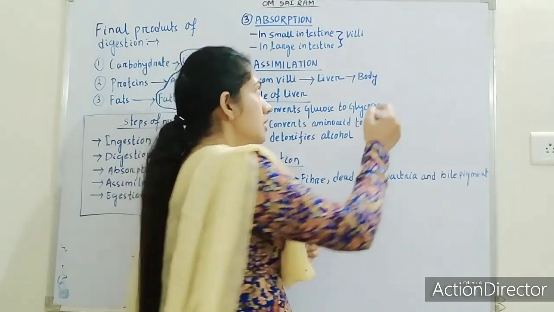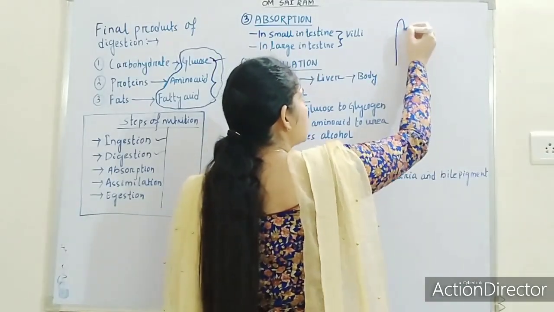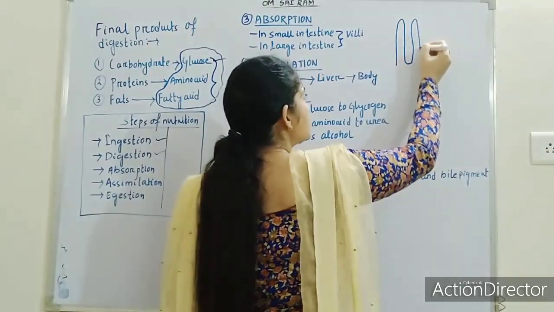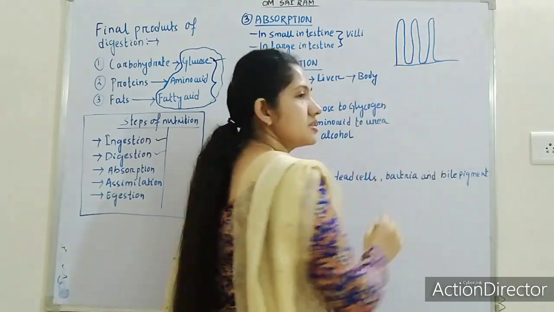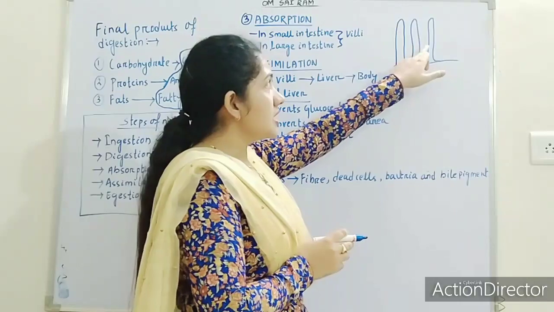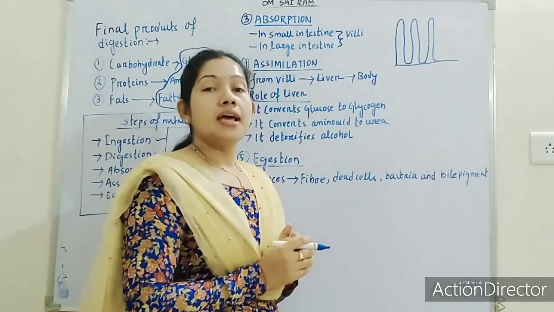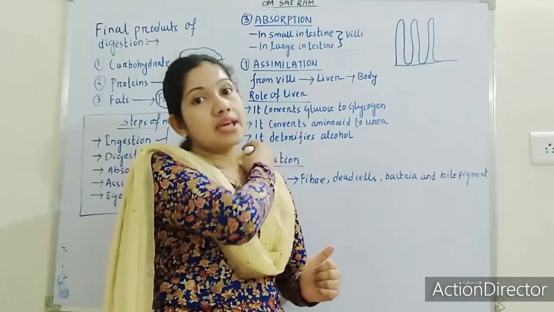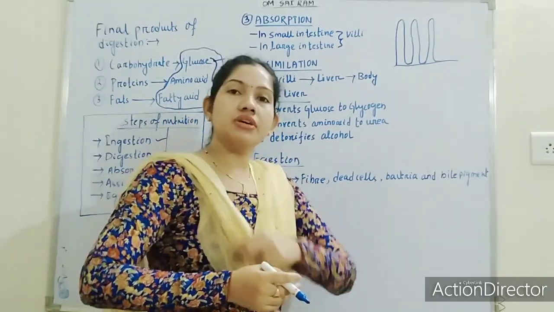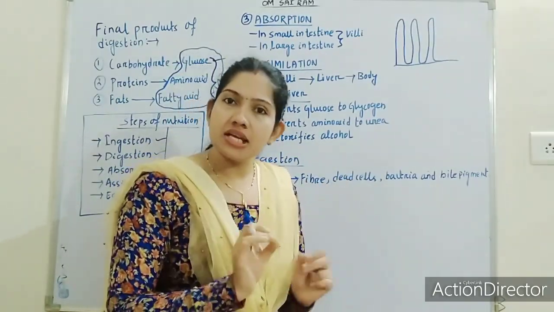Okay, suppose these are the villi, and this is the wall of the intestine. These finger-like projections, the villi, have a number of blood vessels, that is, veins and arteries, or combined we can say blood capillaries.